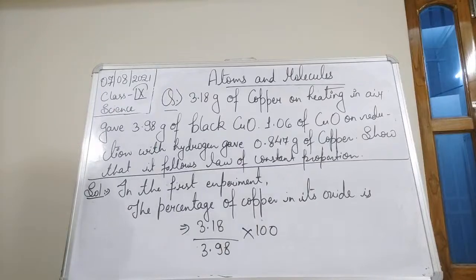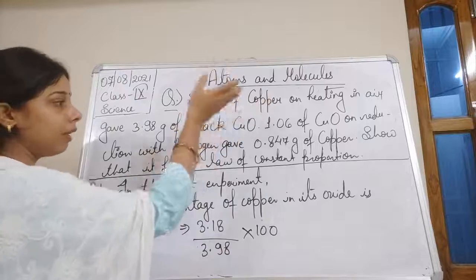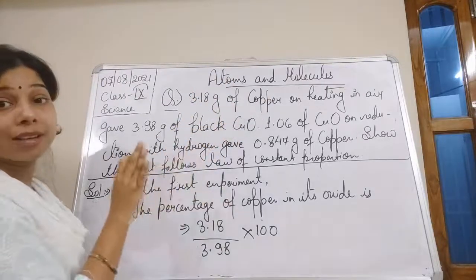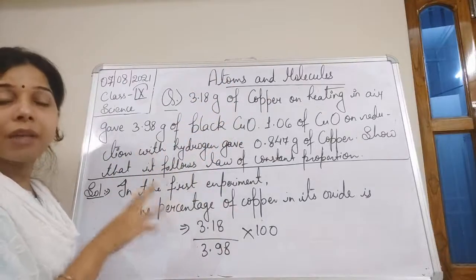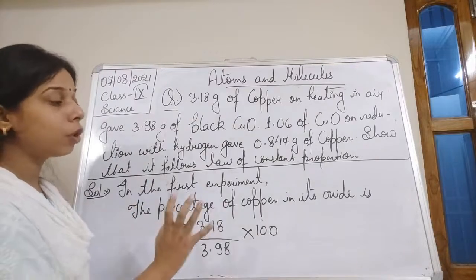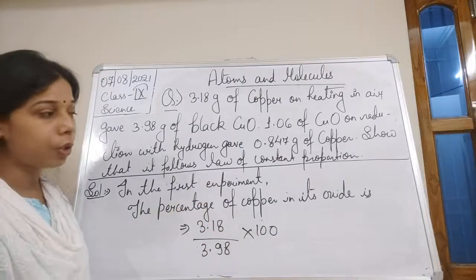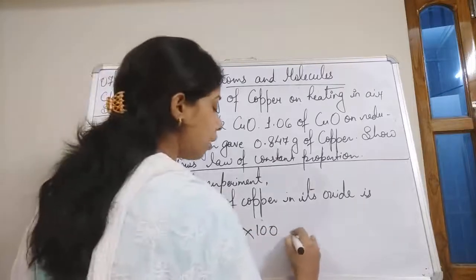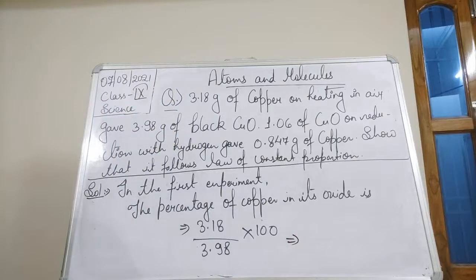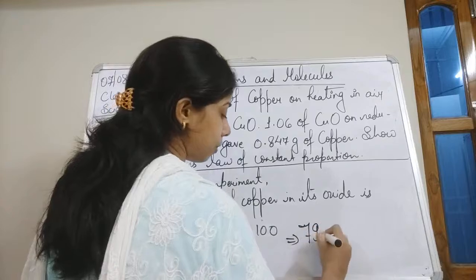The amount of copper divided by the amount of copper oxide formed will help in determining the percentage of copper. Then we multiply it by 100 to get the percentage. The answer you will get is 79.89 percent.